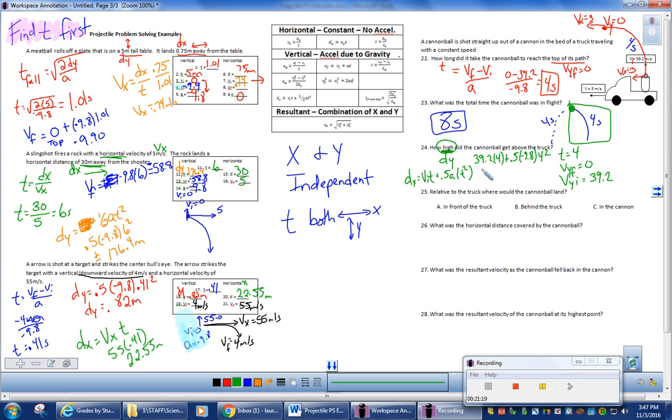If you go piece by piece, this is 156.8. 0.5 times negative 9.8 times 4 squared is going to give me a negative number, 78.4. So I'm subtracting those two. And it comes out as a positive number because it went high, up in the air.